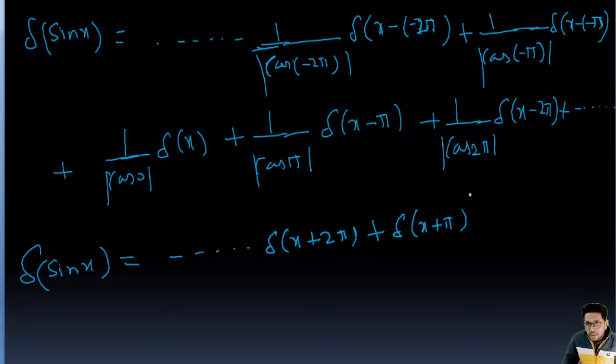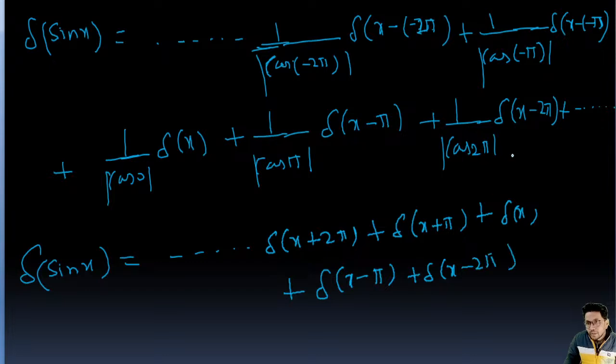Similarly, cos 0 is 1, mod is 1, and this is delta x. Plus, cos pi is minus 1, mod 1, so delta x minus pi, plus delta x minus 2 pi because cos 2 pi is 1, mod 1, and so on.